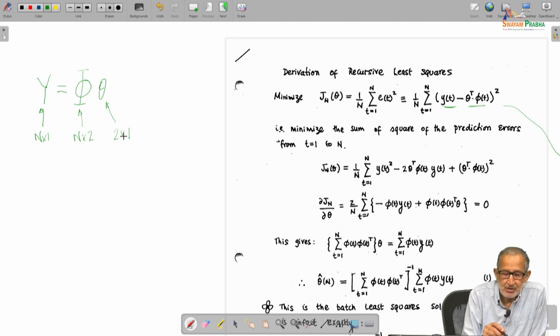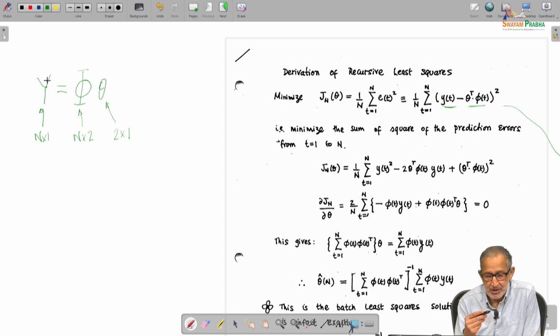Given measurements in y, and given all the measurements in the matrix phi, which is an n by 2 matrix, can we compute theta? Ordinarily, if phi is a square matrix, then we would be able to simply say theta is the inverse of phi times y. But phi is not a square matrix, so it is not invertible.